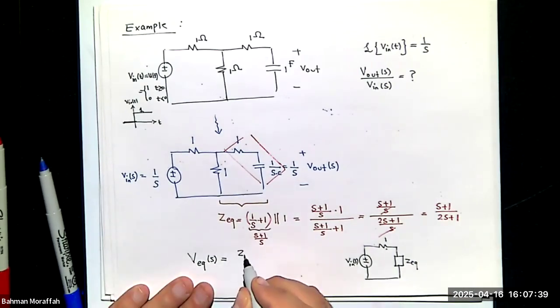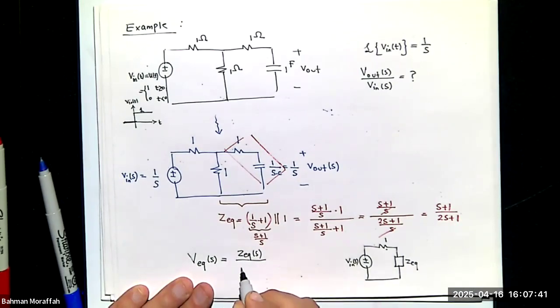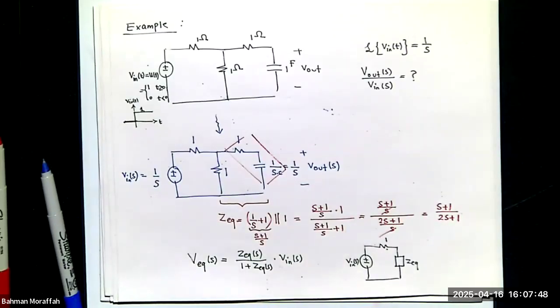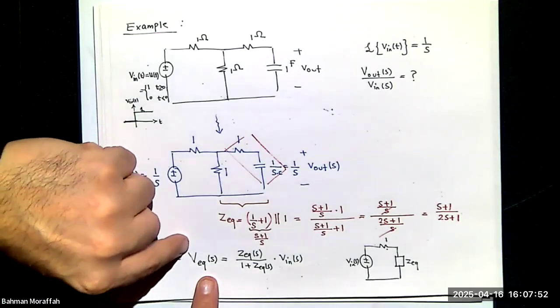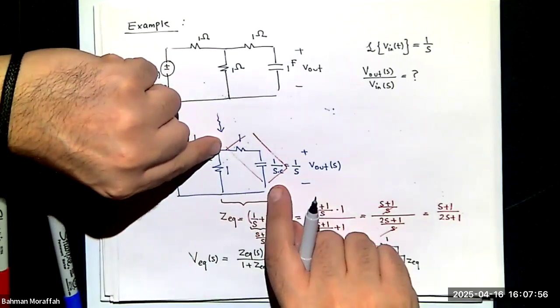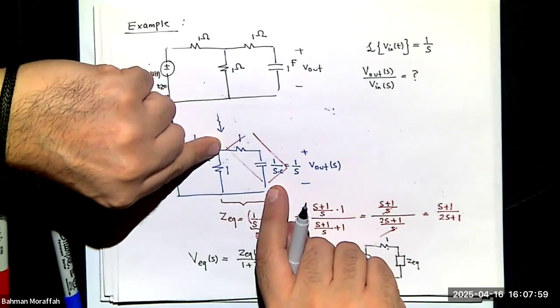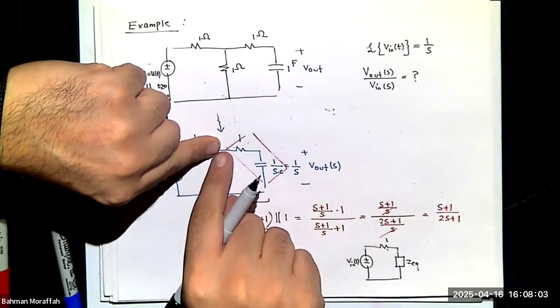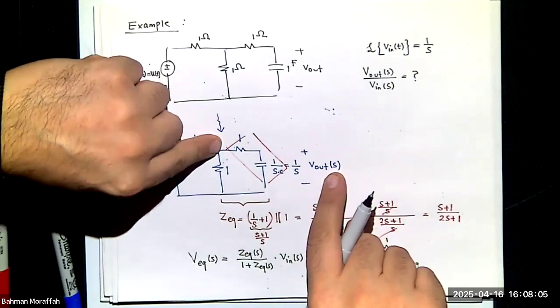So I have Z equivalent of S divided by 1 plus Z equivalent of S times Vin of S. Do you agree this V equivalent is the voltage across this one, and it's also the voltage across these two? Yes?